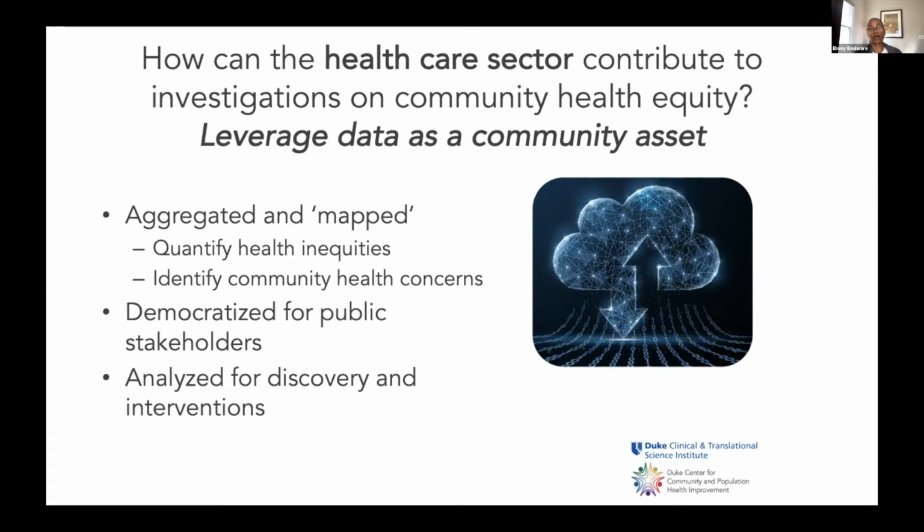These data can be aggregated and mapped, and they can be used to quantify health inequities at the neighborhood level. They can be used to identify community health concerns and potentially even exposures that might relate to those concerns. And they can also be released for public consumption so that the other stakeholders who influence the determinants of health at this macro level can be engaged.